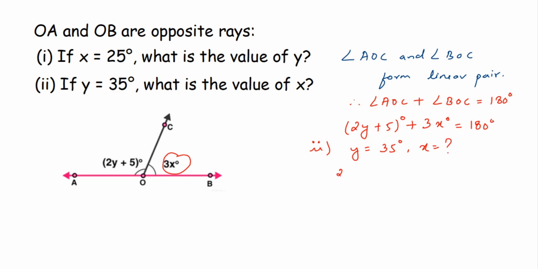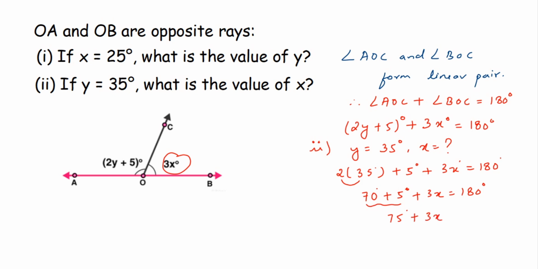It will be 2 times 35 degrees plus 5 degrees plus 3x degrees is equal to 180 degrees. 2 times 35 is 70. So 70 plus 5 degrees plus 3x is equal to 180 degrees. Now add the constants on the left side: 70 plus 5 is 75. We get 75 degrees plus 3x is equal to 180 degrees.